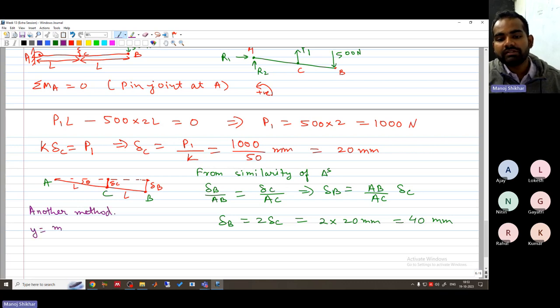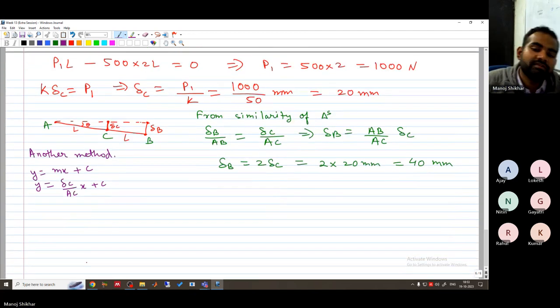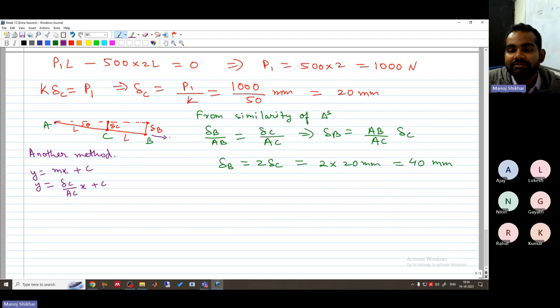Y equal to mx plus c, where m will be your tan theta. Okay. So y equal to delta C upon AC x plus c. C is some constant. So let me show you. Suppose this is your x-axis.